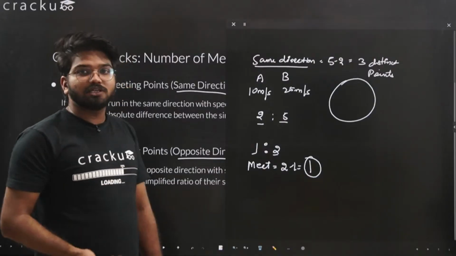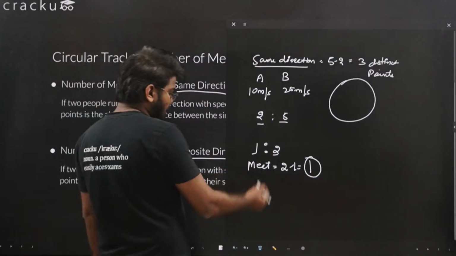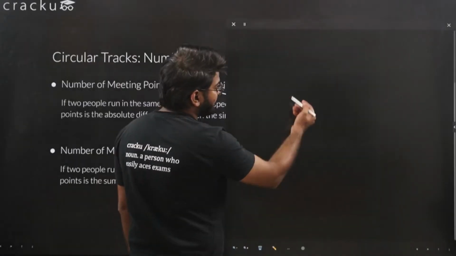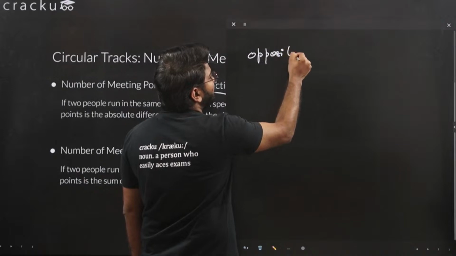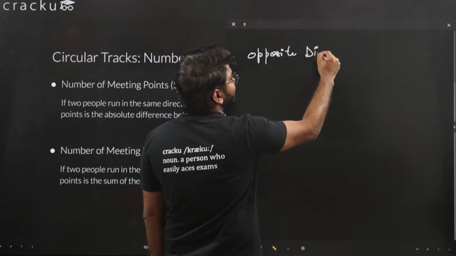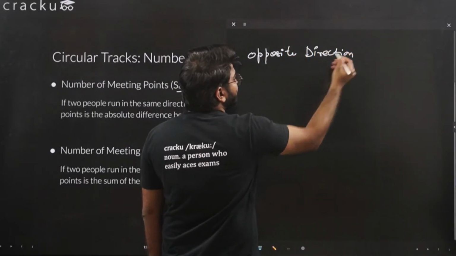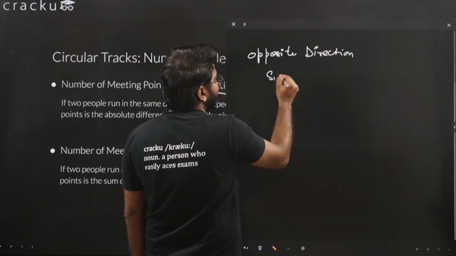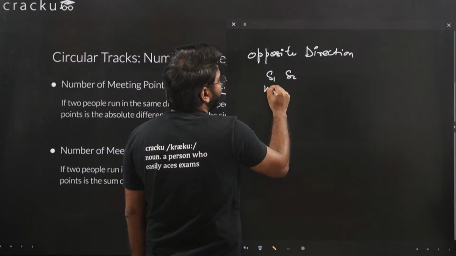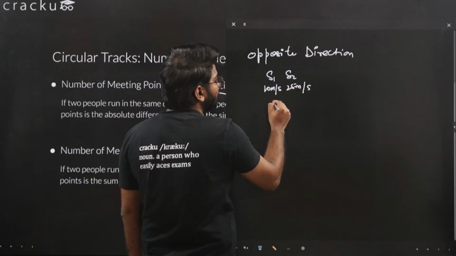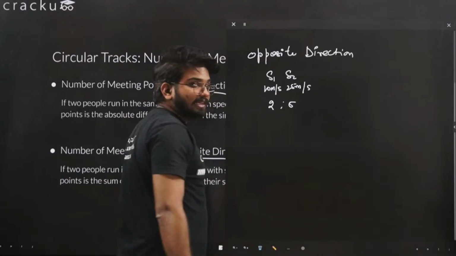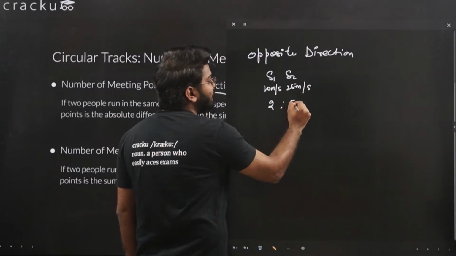And opposite to this is the concept if they are moving in the opposite direction. Let's say the speeds S1 and S2 are 10 meters per second and 25 meters per second. The ratio will be 2:5. Then at how many distinct points will they meet?